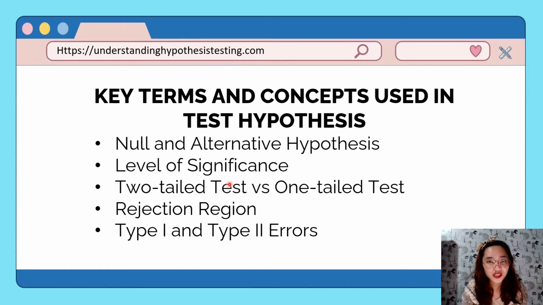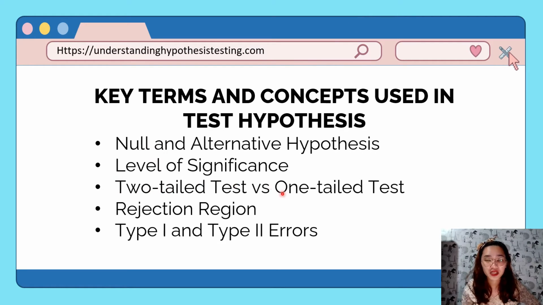Ayan. So in hypothesis testing, there are always two hypotheses. And these are the null and alternative hypothesis. And of course, we cannot have a 100% bet in testing hypothesis. Kaya dyan natin may encounter naman yung ating level of significance. And our hypothesis predicts not only the difference of our sample statistics from our population parameter, but also how it would be different in a specific direction.